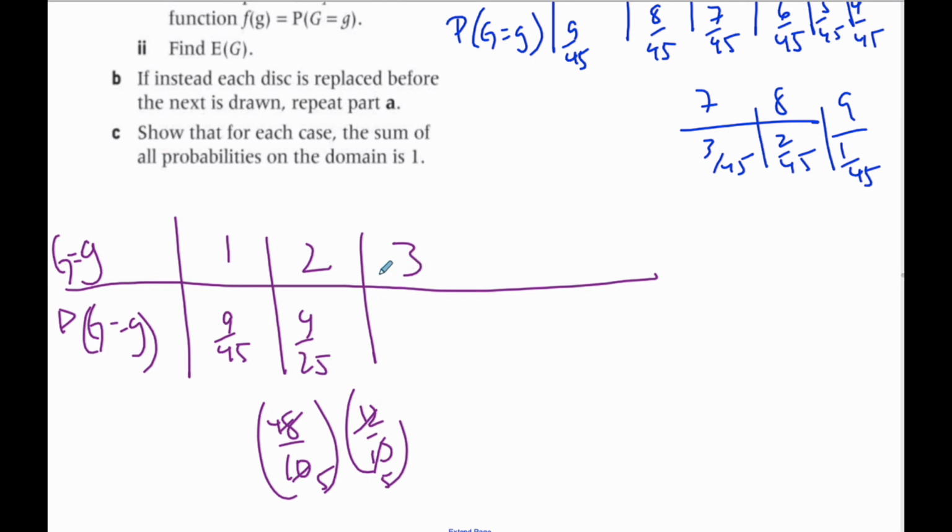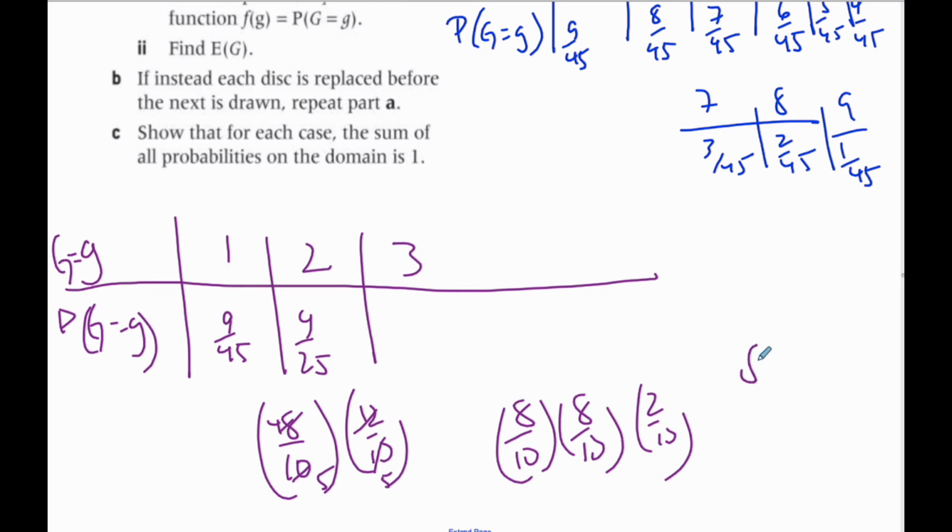The next one, if it's going to be 3, well, the first one has to be a fail, the next one has to be a fail, and the third one has to be a success of getting the black one. So now it's 8 out of 10 squared times 2 out of 10. So this is 4/5 squared times 1/5.